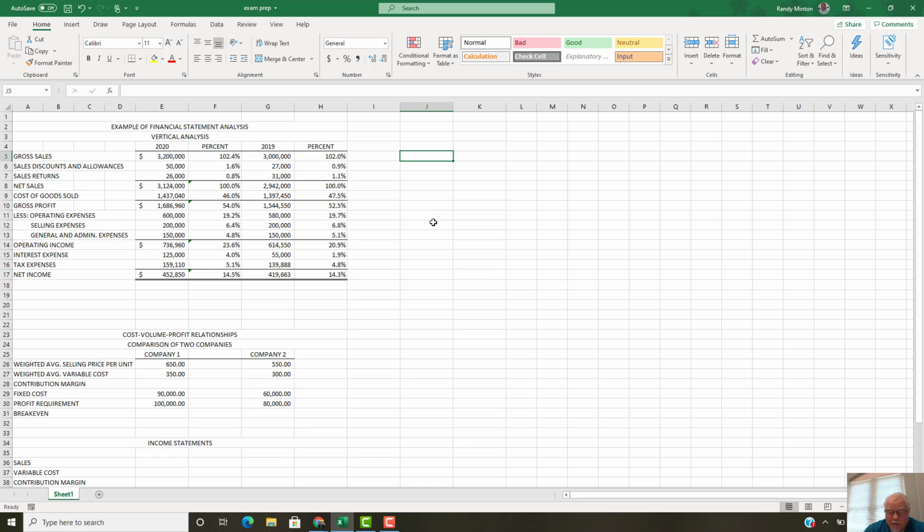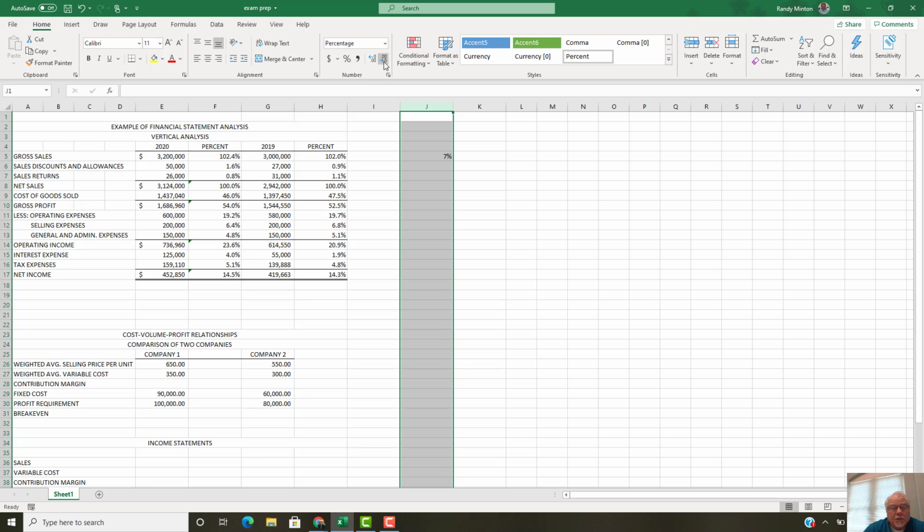So when I look at it, it'll be equal to this number minus the new number, the old number, divided by the old number. And I'm going to change these to percentages, and I'll change the whole thing to percentages and give it maybe an extra decimal place.